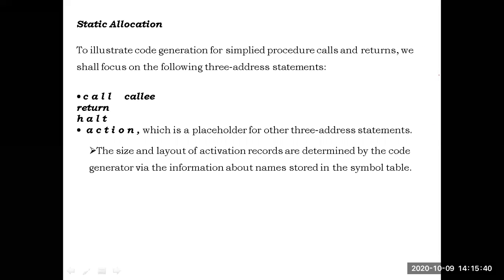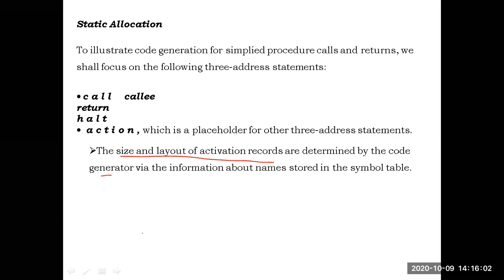The size and layout of the activation record: how we want to execute this function, the activation record must be created for the function. The size and layout of the activation records are determined by the code generator. Layout means the structure, how many fields will be there in the activation record.